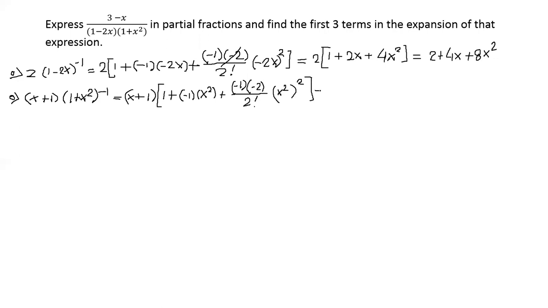Okay, and it becomes (x plus 1) times (1 minus x squared, negative times negative is positive, plus 1 times x to the power 4).